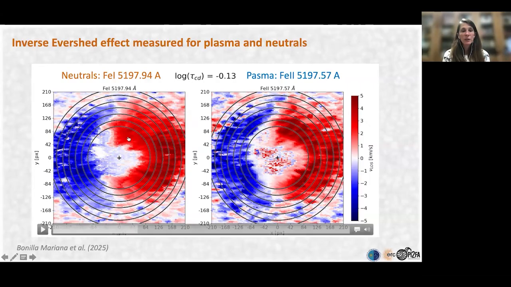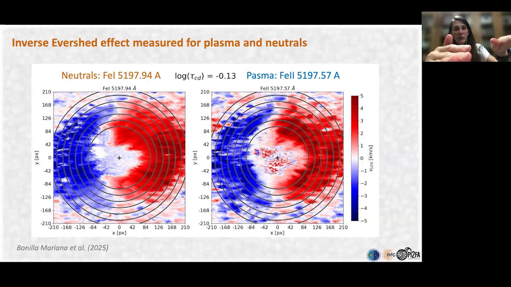And this is what this figure is showing us. We observed this sunspot, and these blue and red colors mean that there is material moving outside and moving inside. And this is because we see the sunspot tilted. So this is a manifestation of the Evershed effect.